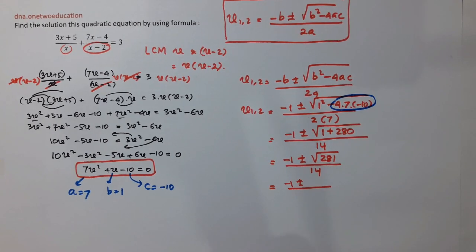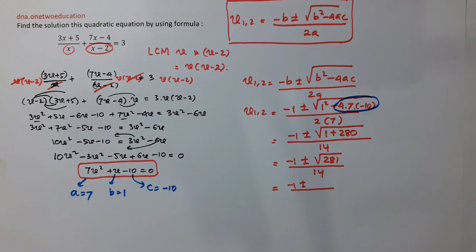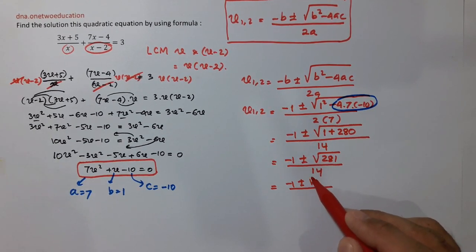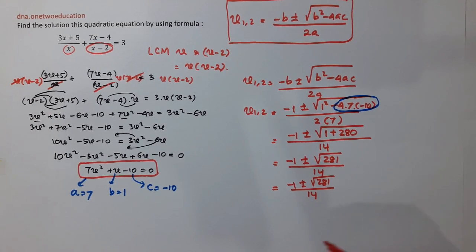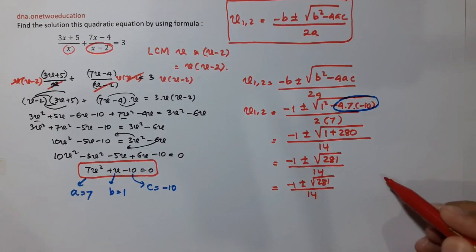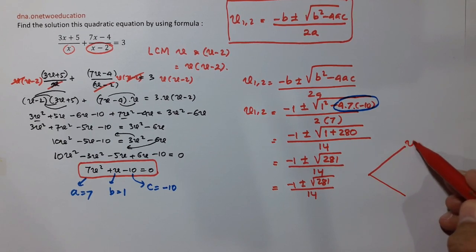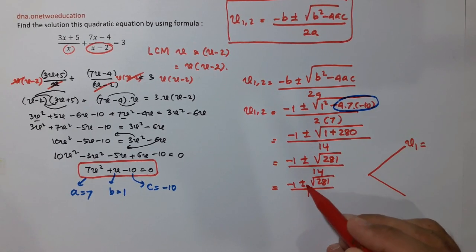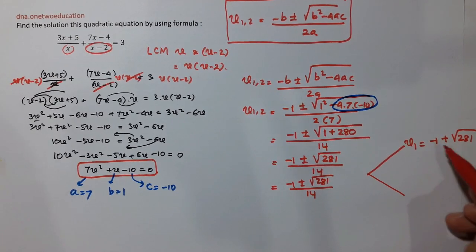You can use the calculator. Root of 281 over 14. So we have two solutions, right? We have two solutions here. So x1, you can take the positive one, minus 1 plus root of 281 over 14.